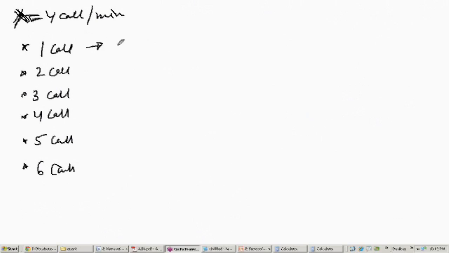For this, the probability that x equals k is given as lambda to the power k divided by k factorial, times e to the power minus lambda. So this is how you have the formula.